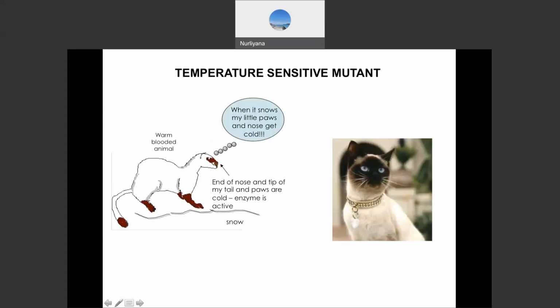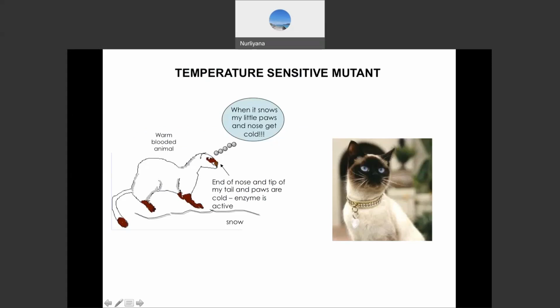The example of the mutant is this cat. A cat is a warm-blooded animal. During the cold season, when it snows, there are some color changes in its paws and its nose.